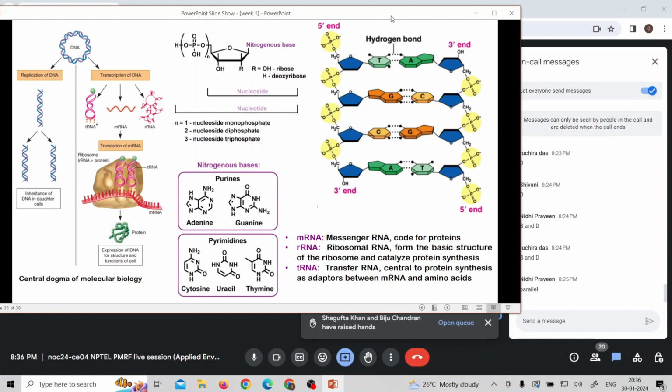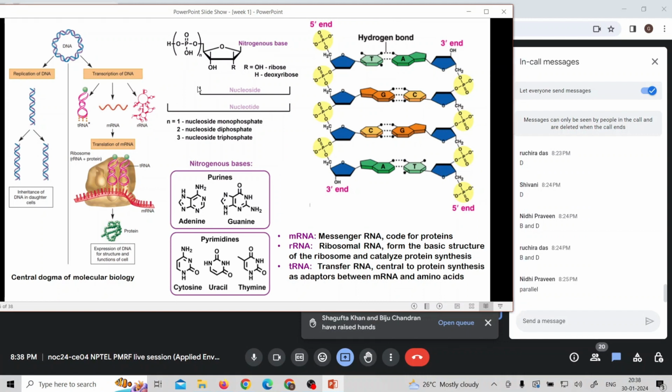This nitrogenous base and sugar attachment together, when it also bonds with a phosphate, we call it a nucleotide. So this nucleotide is what is going to make up either DNA or RNA. Based on the sugar moiety, they differ, but both RNA and DNA are polynucleotides.